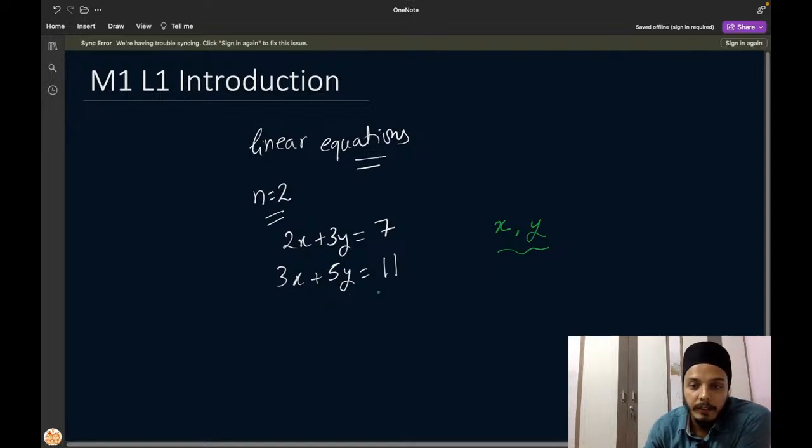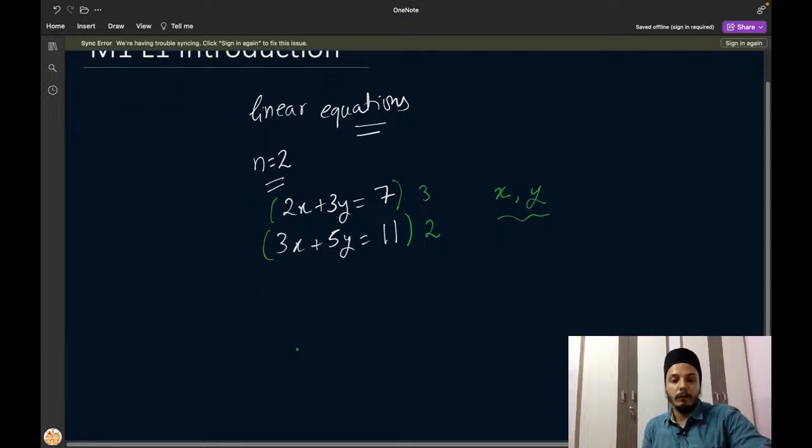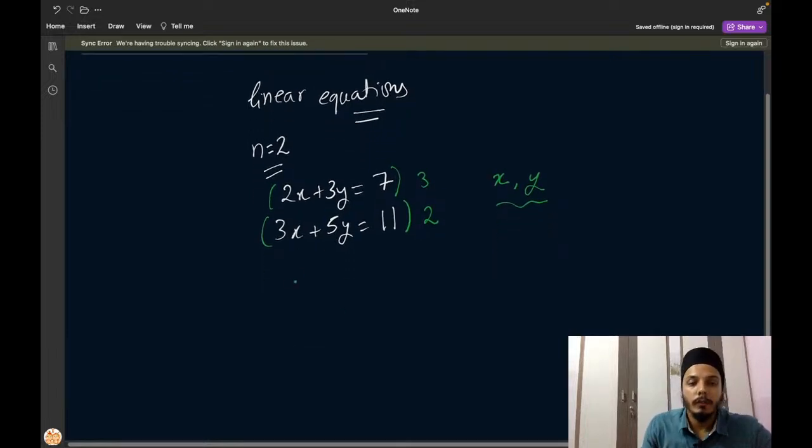So for elimination, first we will multiply this equation by 3 and this equation by 2. So our first equation will become 6x plus 9y equals 21, and our second equation will become 6x plus 10y equals 22.